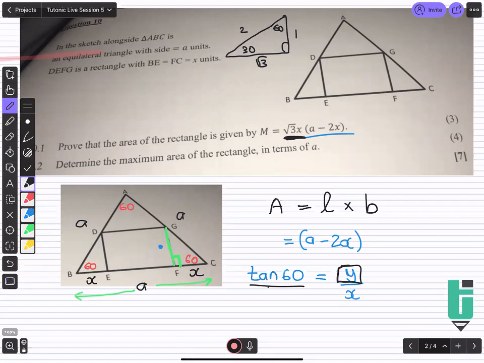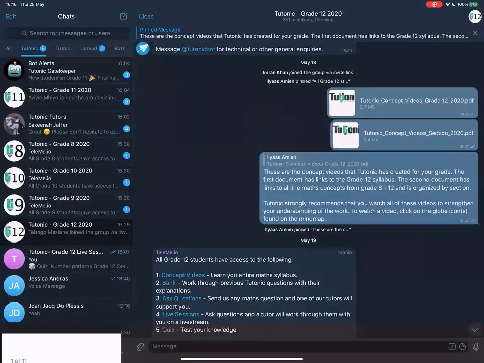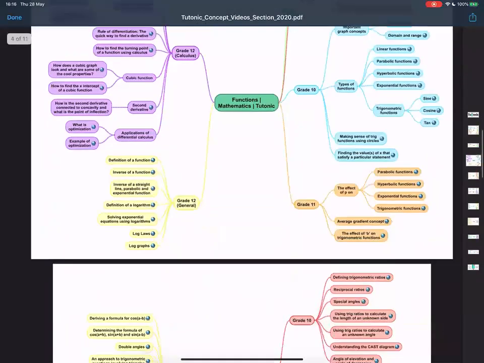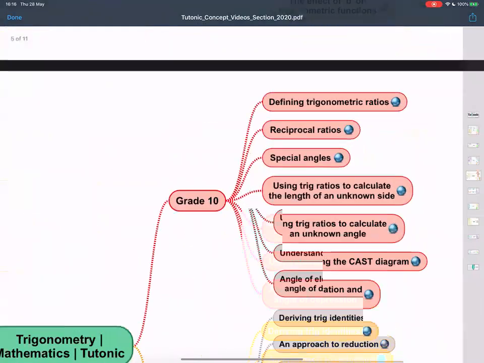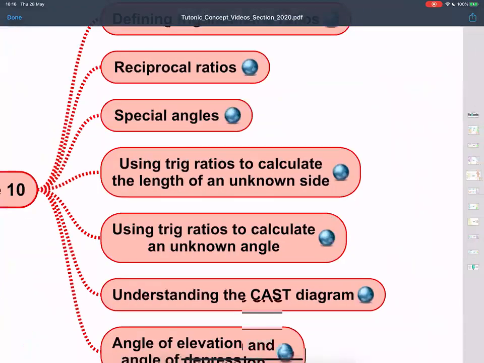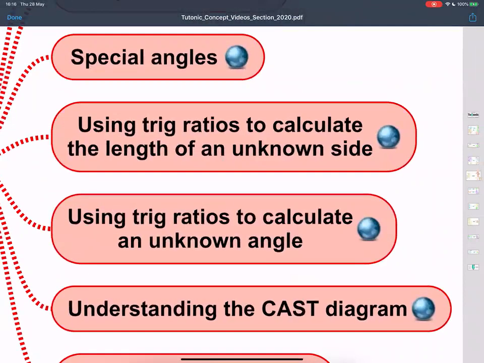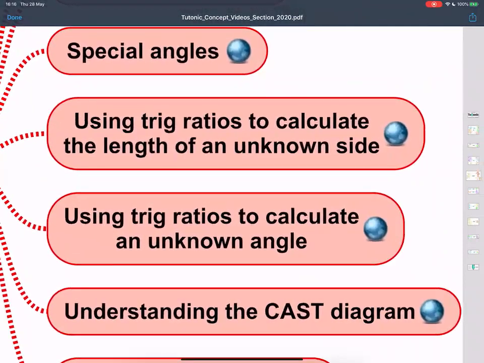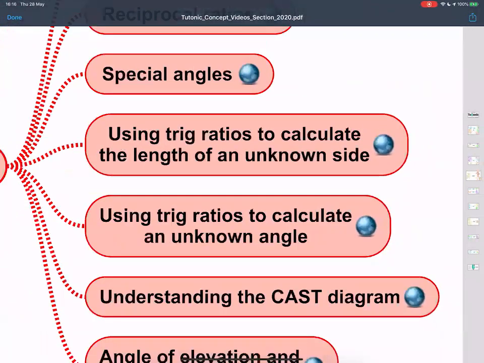Yes. So again, in this section, it would have been in the mind map under trigonometry in grade 10, using trig ratios to calculate the length of an unknown side. You see that? That's what we did to answer this question. But this is grade 10.